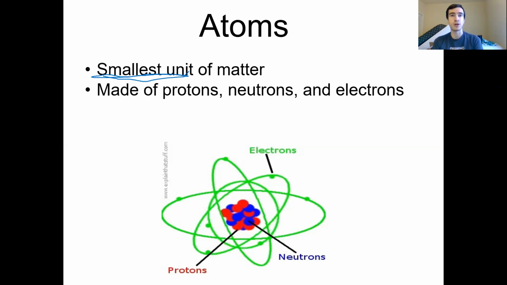So there's over 100 different atoms that scientists have recognized, and all of them contribute in some way to the world and the universe that's around us. So atoms themselves are made up of these smaller building blocks that give them their different properties. So we have protons, we have neutrons, and we have electrons.